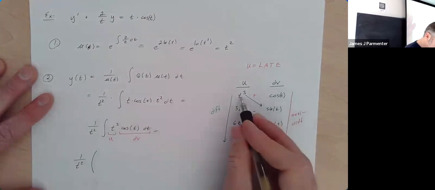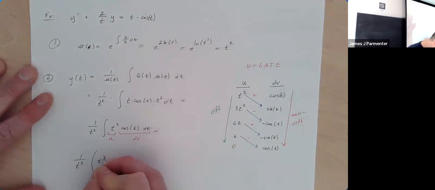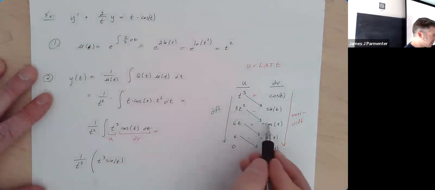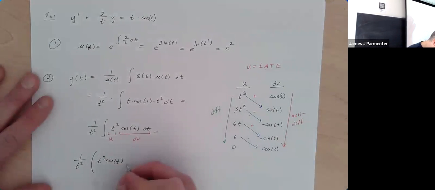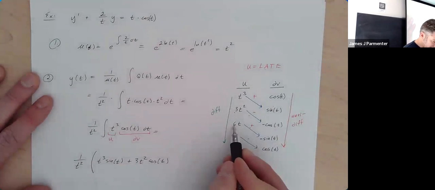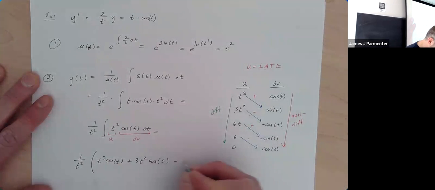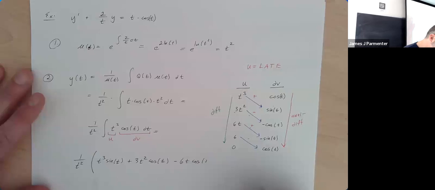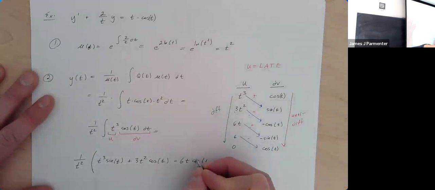So positive t cubed times sine of t minus 3t squared times negative cosine, then minus signs cancel. So it's again a positive 3t squared times cosine of t plus 6t times negative sine of t. So it's going to be a minus 6t times sine of t. Sorry, oops, sine of t, darn it. It's a sine of t.